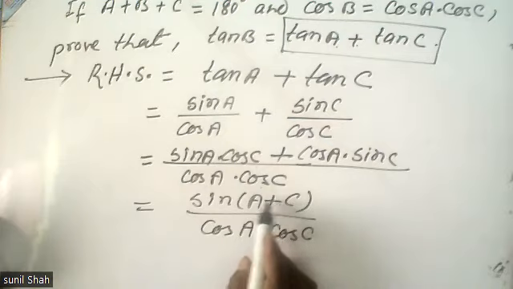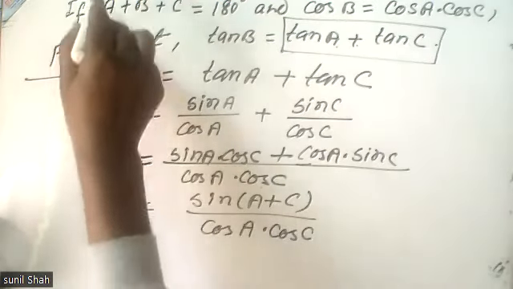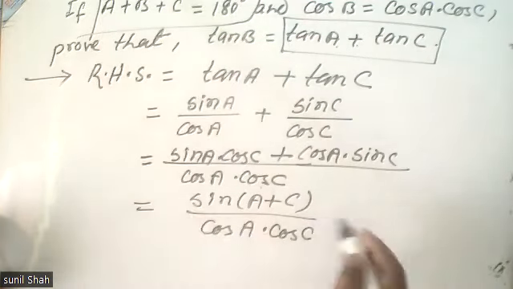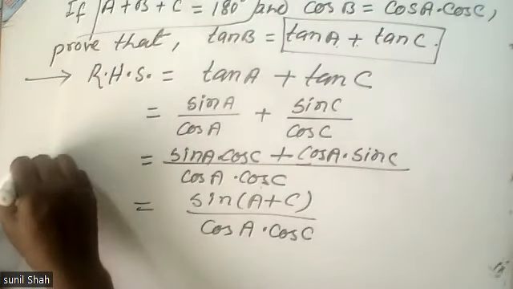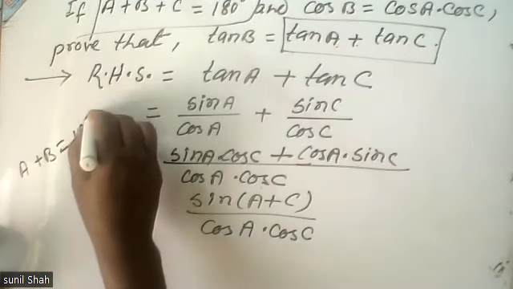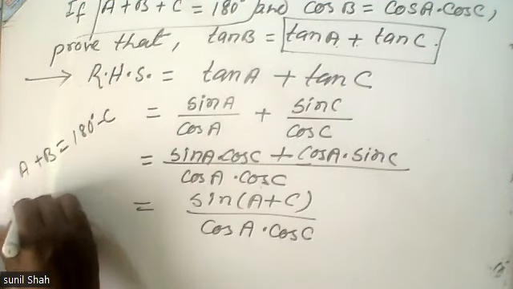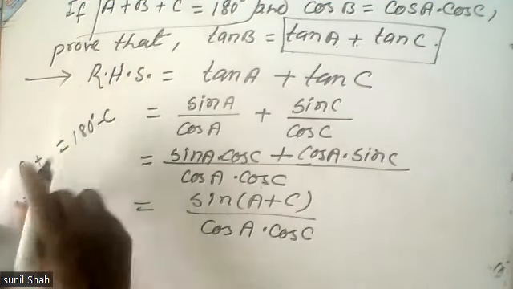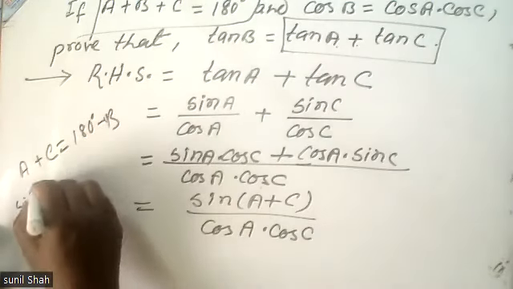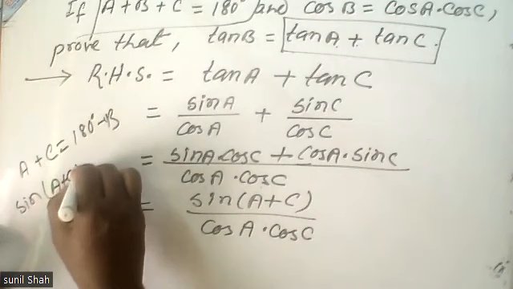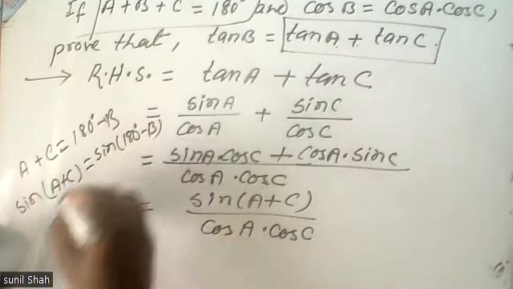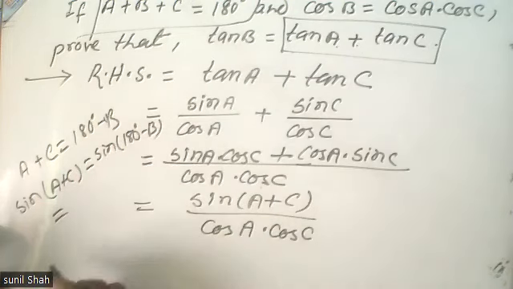Now sin A plus C, using this, we can use what is given. A plus B plus C is 180, so A plus C is equal to 180 minus B. So sin A plus C is equal to sin 180 minus B. So what is sin 180 minus theta?